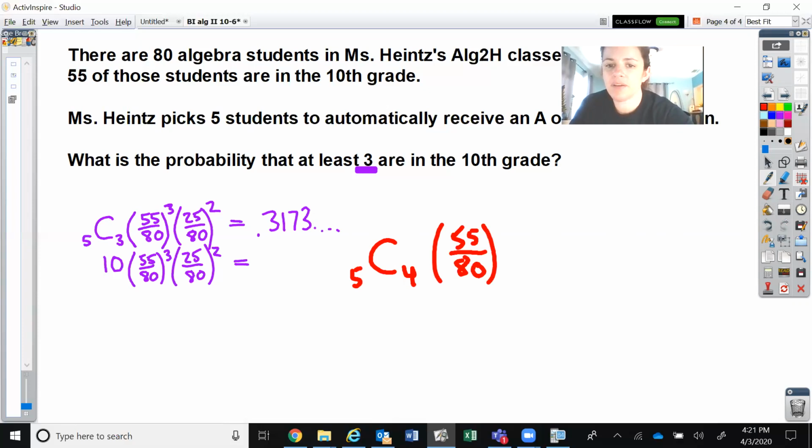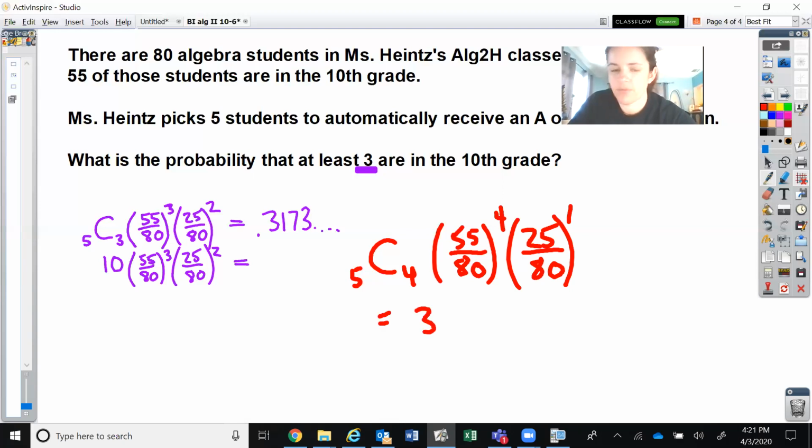And I would need to pick 4 10th graders, and 25/80ths, which would be not 10th grade. And I would need to pick 1 not 10th grader. And so I would go ahead and calculate this. So it turns out 5 choose 4 is 5. And so I would do 5 times 55/80ths to the 4th power, and then multiply that by 25/80ths to the 1st power, and I get 0.3491.